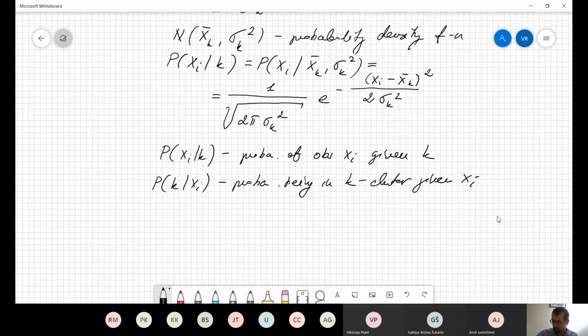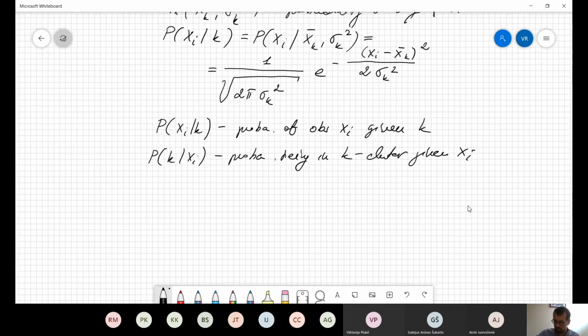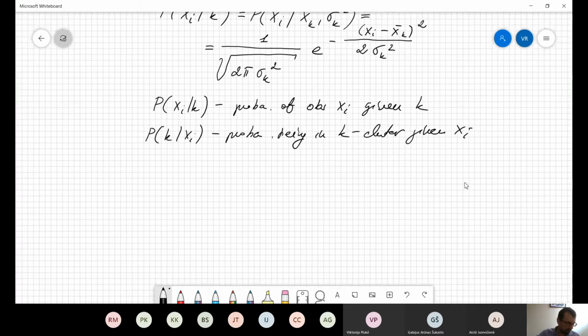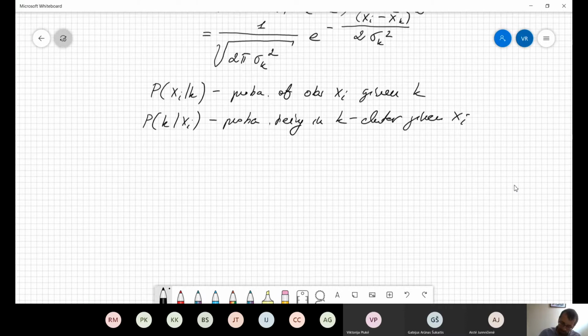If you have this observation here, what's the probability of this observation being in that particular cluster? So this is the other way around, and these two probabilities are called posterior probabilities because there is a condition. These are conditional probabilities. That's why they are called posterior probabilities.